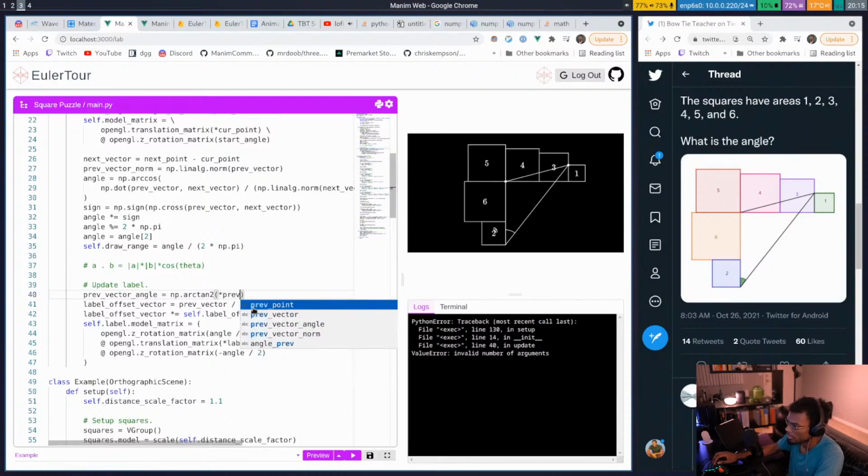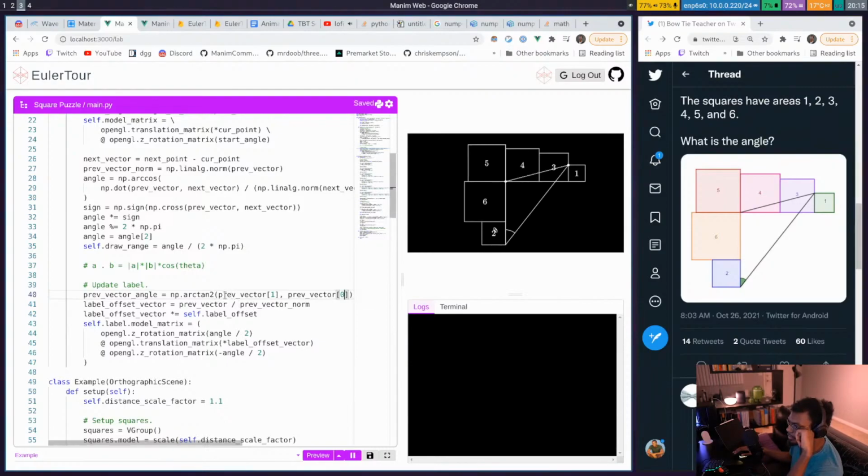I just want star prev vector. Just kidding, I want the opposite of that. This at 1, then at 0. To the y, then the x. And prev vector angle is that.